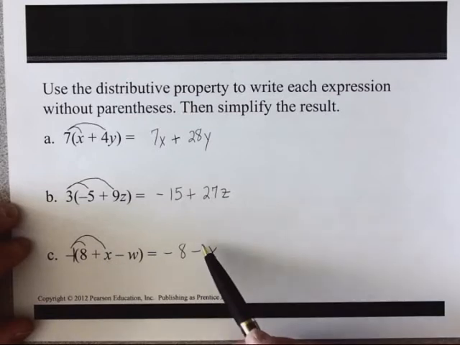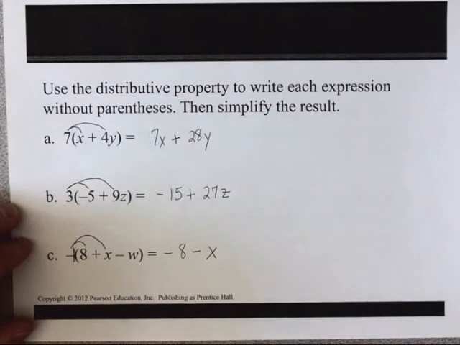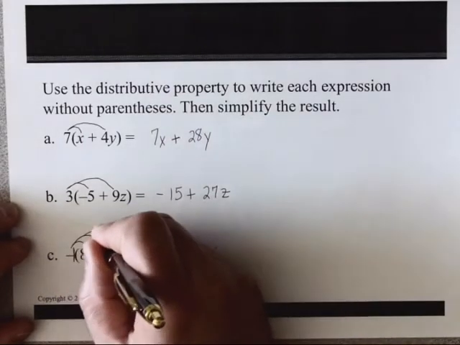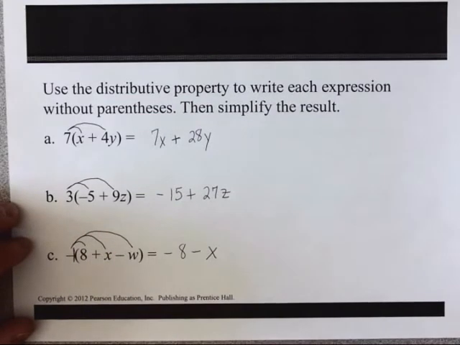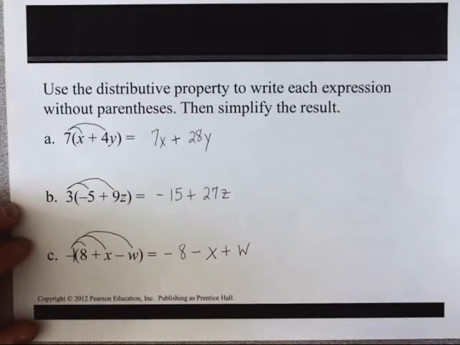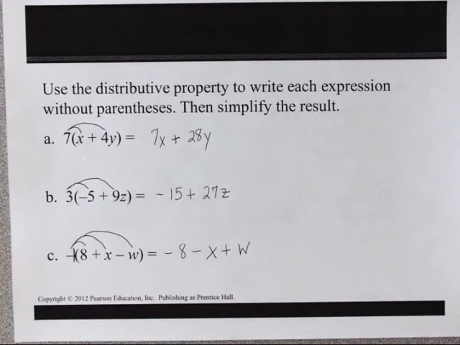Write the sign of the product here as the operation in the algebraic expression. So lastly, we would do -1 times -w. So -1 times -w. Negative times a negative is a positive. So that would be a positive w.